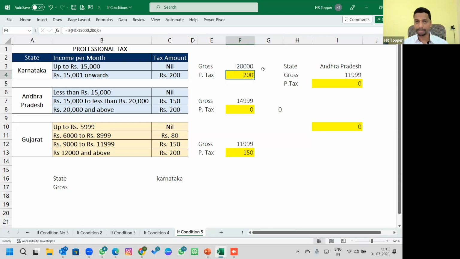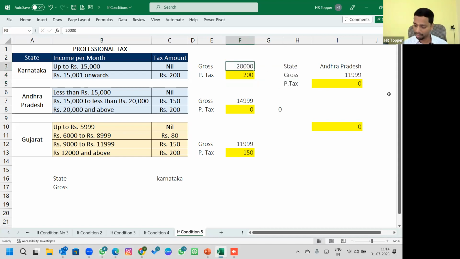Or I'll give you one more thing. Up to means even 15,000 is included. So if gross is less than or equal to 15,000, then give me 0. Do not deduct. Or else, if it is not less than 15,000, then of course it is more than 15,000, so it becomes 200, and close the bracket.